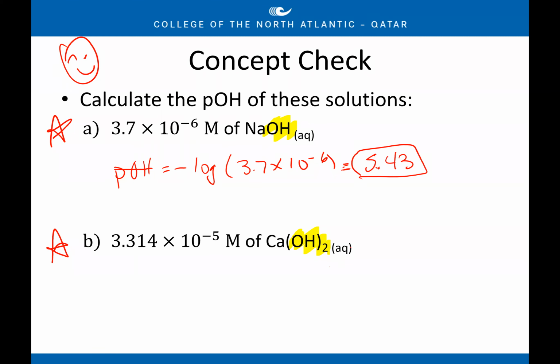So what about B? B has a catch to it, of course, or the trick, as I said earlier. The first thing I need to do with B is multiply the 3.314 by 2. The reason is because this chemical has 2 hydroxides in it.